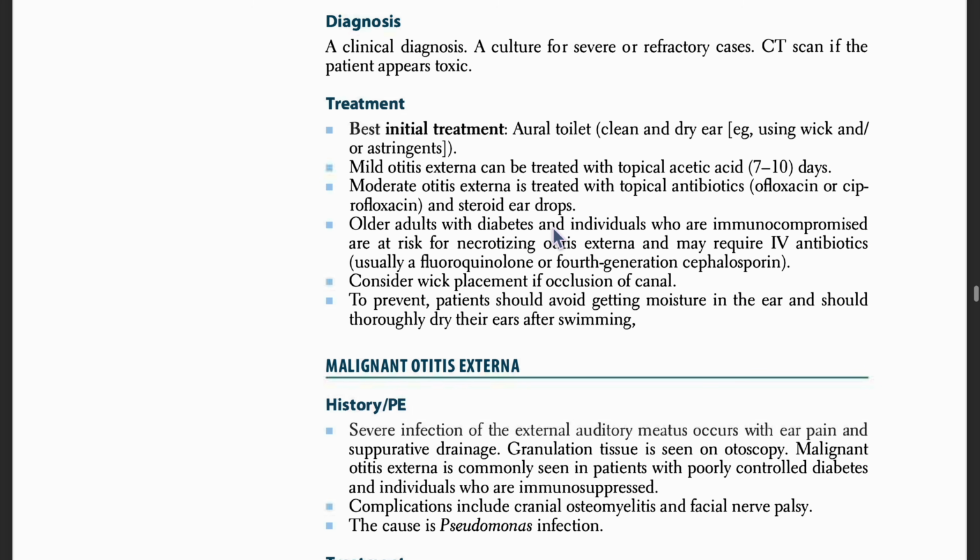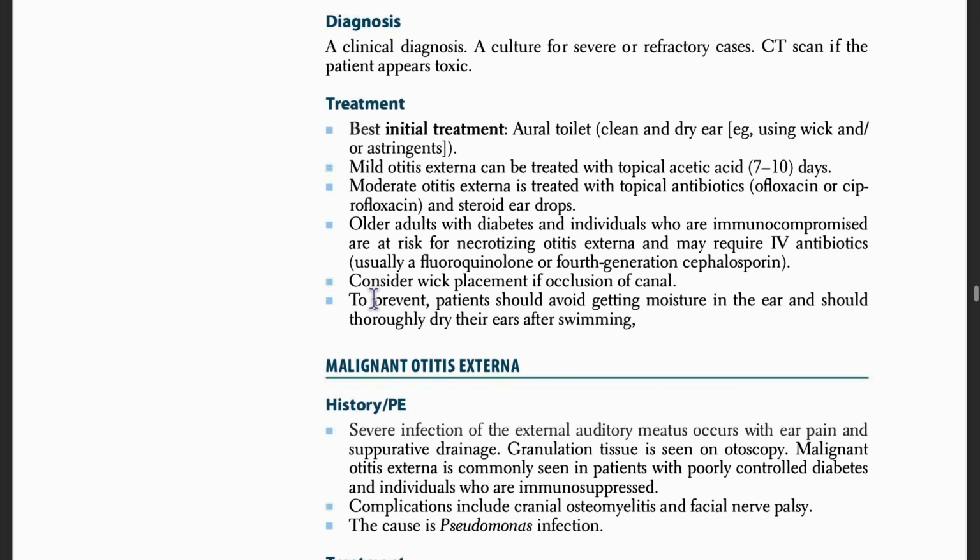Older adults with diabetes and individuals who are immunocompromised are at risk for necrotizing otitis externa and may require IV antibiotics, usually a fluoroquinolone or fourth generation cephalosporin. Consider wick placement if occlusion of canal.